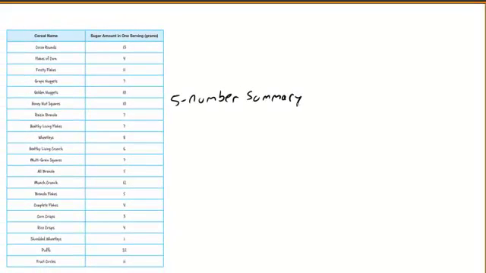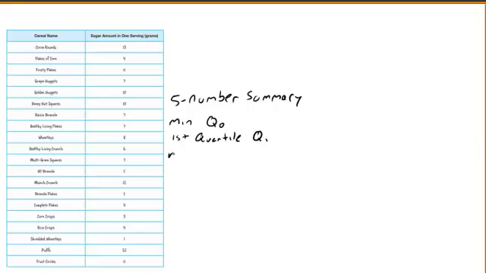A 5-number summary tells you a little bit more information about the data that you have. It's broken up into 5 pieces, obviously 5 numbers. The first number is my quartile 0, my minimum. My first quartile is quartile 1.